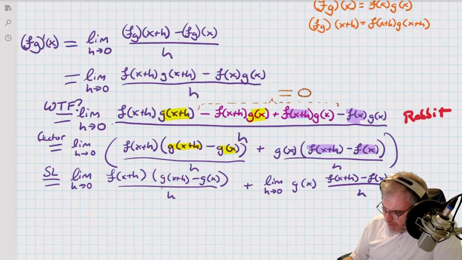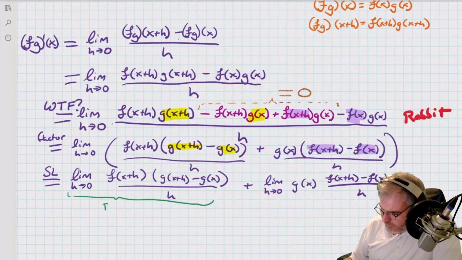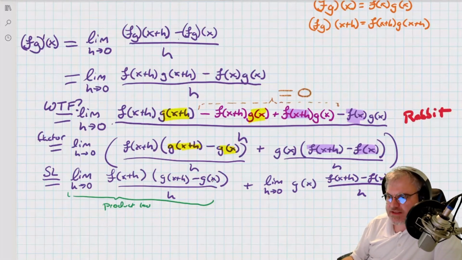So here I'm going to apply the product law. I know that this limit over here exists because that's g prime of x, which I know exists.